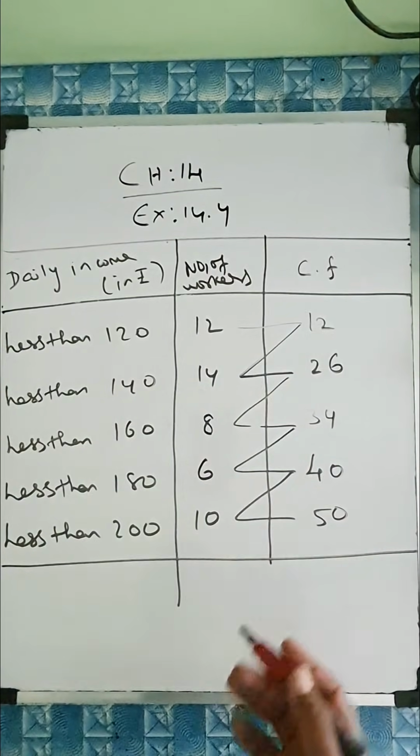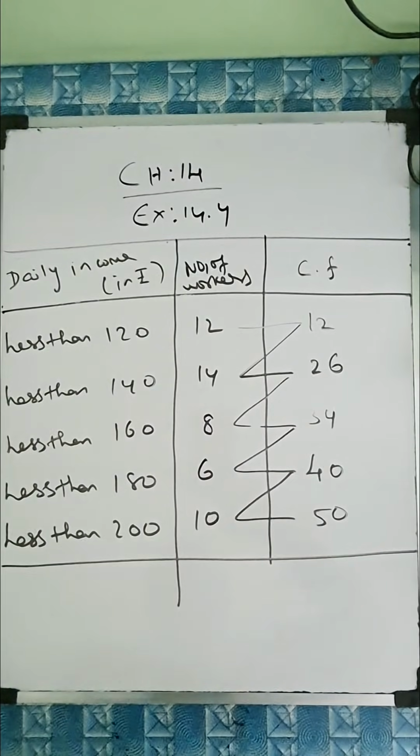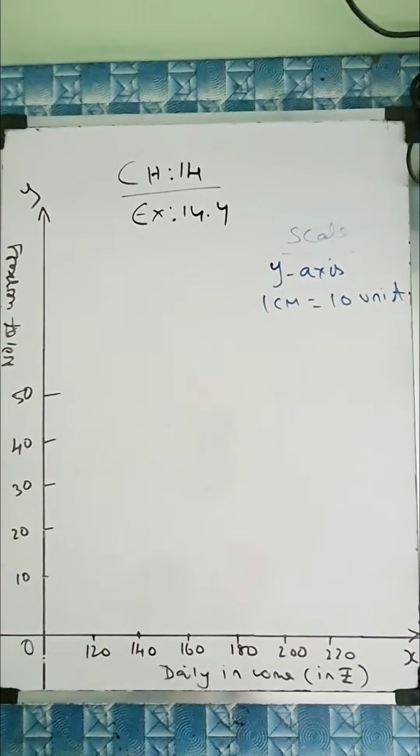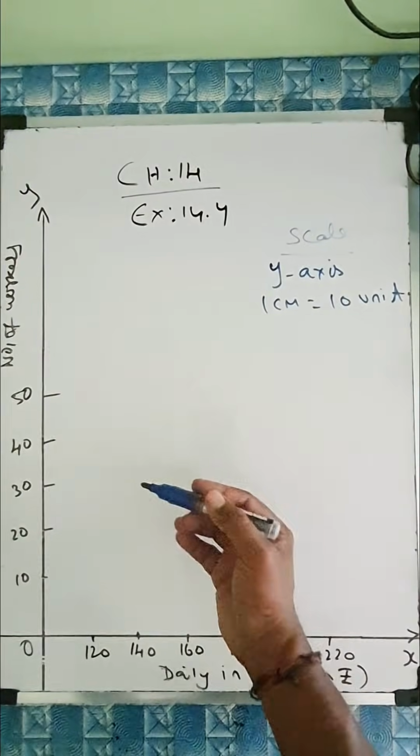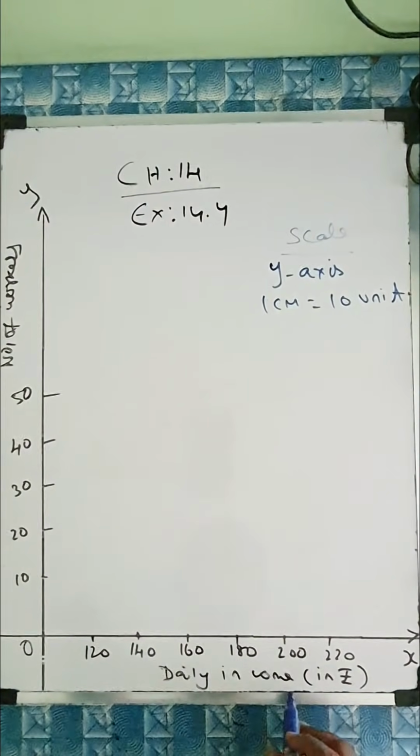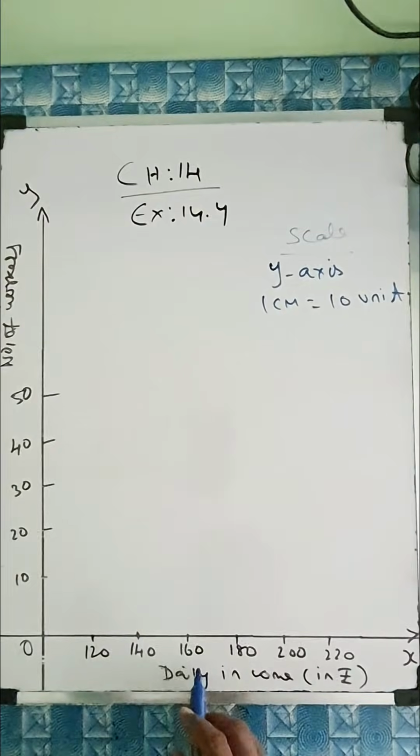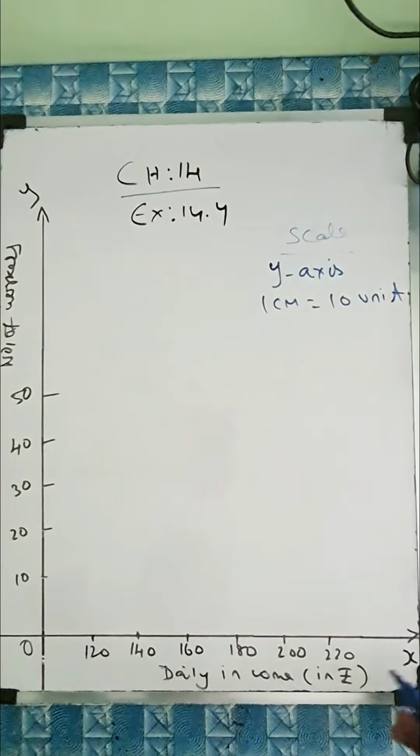Now we'll draw the graph. I have drawn the graph here, and on the x-axis I mention daily income. We are taking 120, 140, 160, 180, 200, and then 220, 240 will go like that.